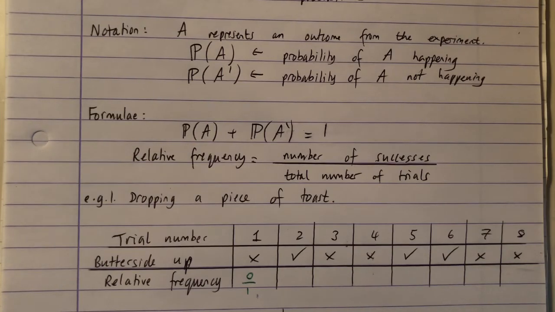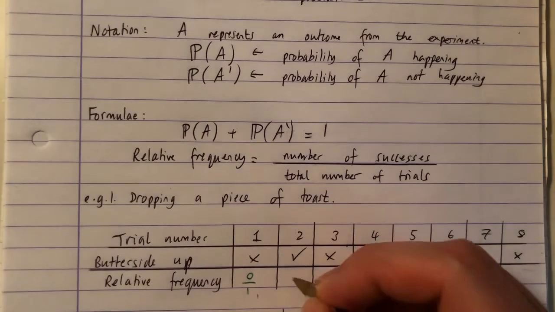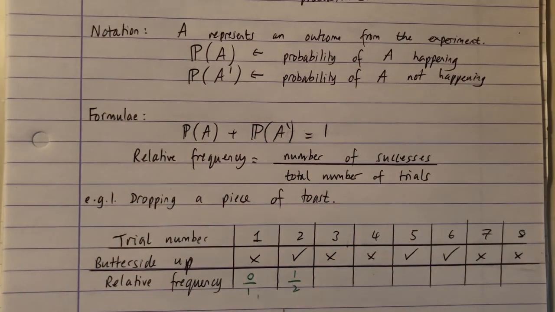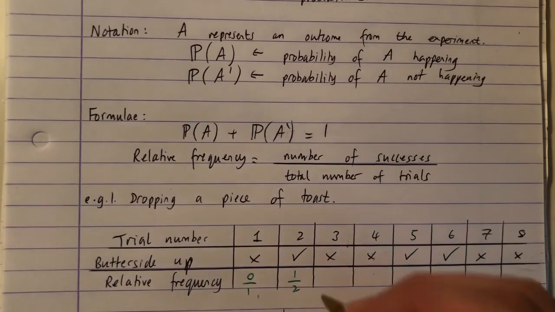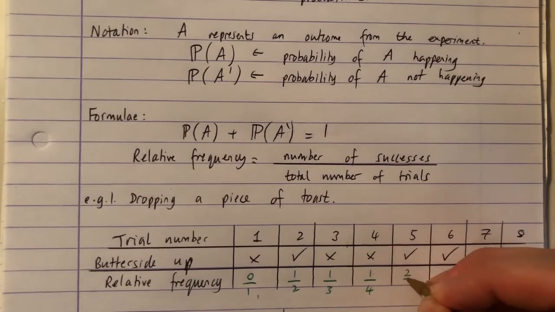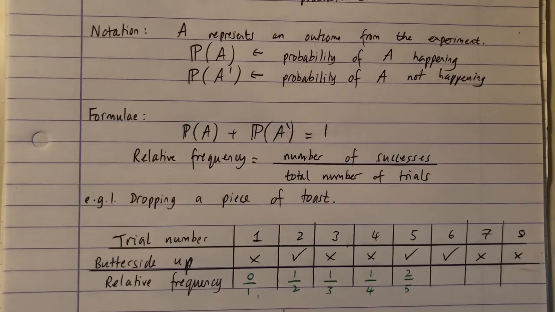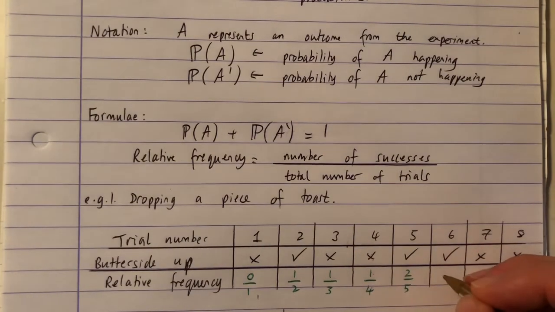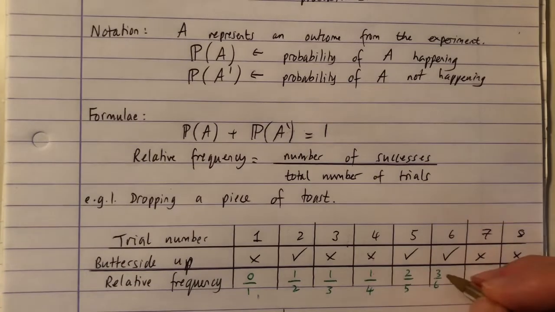If you did it after the second trial, so now you've got 2 trials. How many successes? Well, there's a tick now, so 1 success. 1 out of 2. And if you kept doing this, 3rd trial, still 1 success, but 3 trials. 4th trial, still 1 success, but 4 trials. 5th trial, now they're up to 2 successes for 5 trials. Another success, 3 out of 6, or a half.